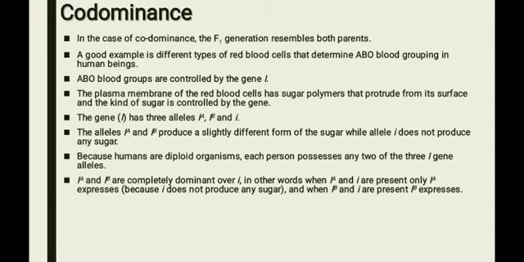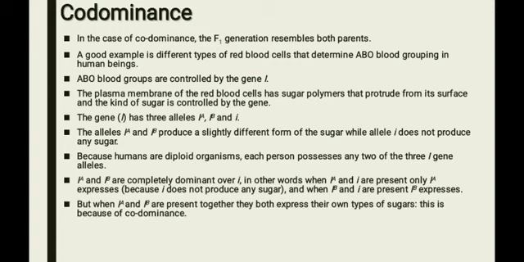When IB and i are present together, only IB expresses. But when IA and IB are present together, both express their own types of sugars. This is called codominance. Hence, red blood cells have both A and B type of sugars.